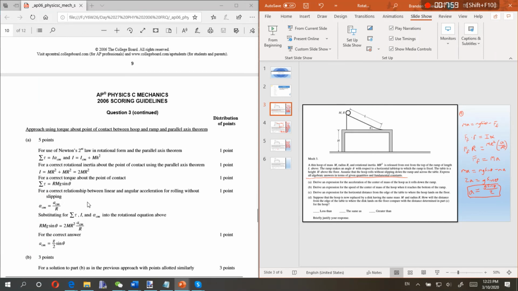We did this one. We didn't use parallel axis theorem. We didn't directly solve for torque, but we did have a correct relationship for rolling without slipping, a over R. We did use the second law, and we did substitute in to get our answer.